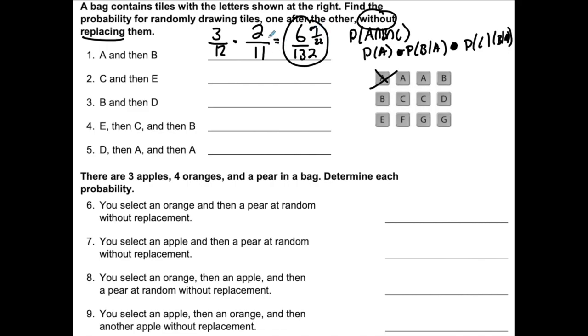Okay? All right. Now reset it. We reset. We're going to assume between problems. So C and then E. I have a 2 in 12 chance of drawing a C. Once I draw a C, one of them has been removed, so only 11 remain. And out of that, I've got a 1, because there's one E, chance of drawing an E. So that's 2 out of 132, which is 1 out of 66.